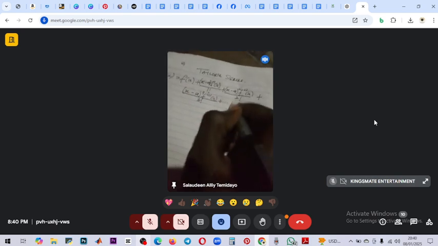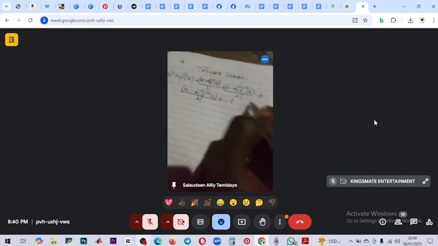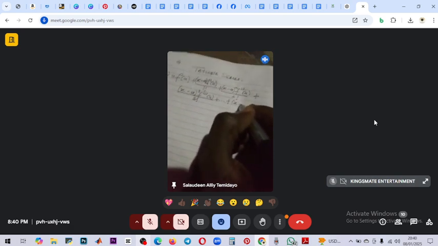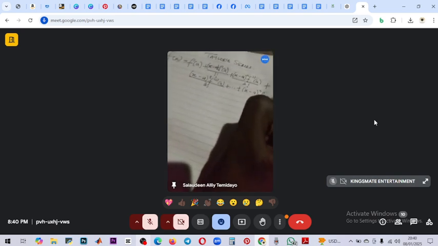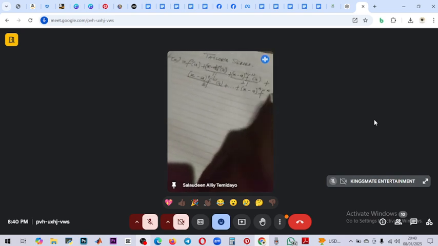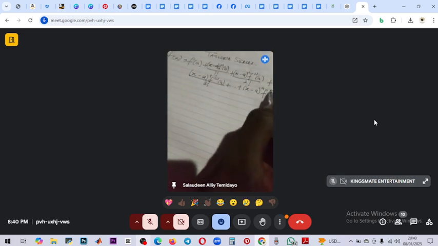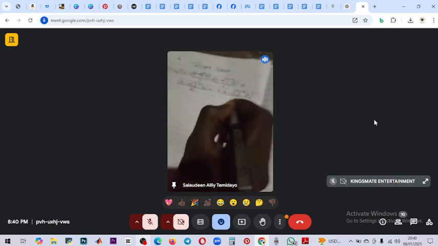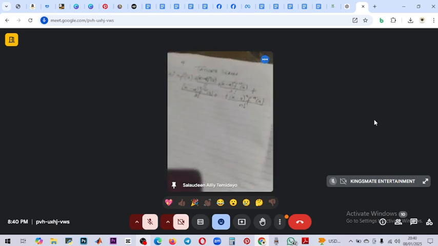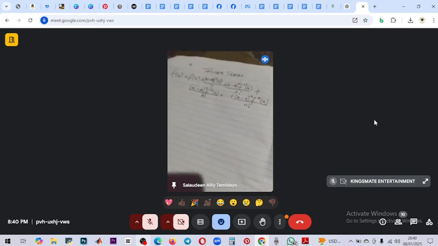Then to infinity, until it gets to n: x minus A raised to power n, then the nth derivative of f at A, all over n factorial. This is Taylor's theorem. This is Taylor's series.